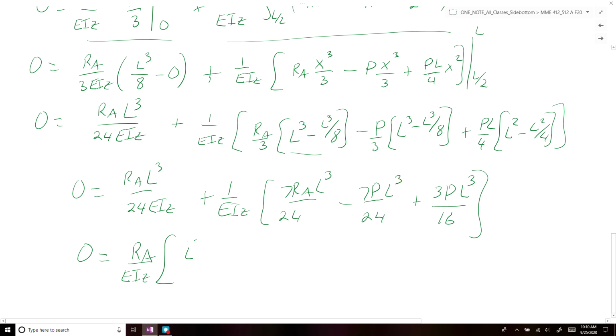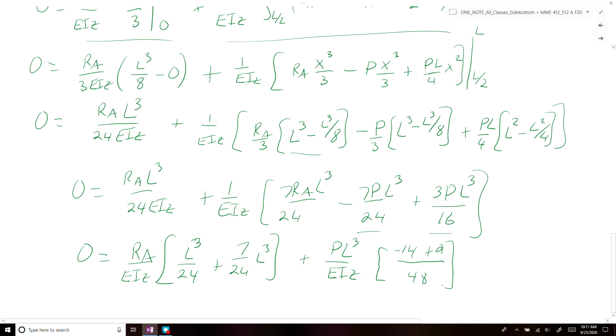Alright, so we get the length cubed over 24 plus 7 over 24 length cubed for RA, and then for P, we have to find the common denominator, which is 48, so we'll get plus P length cubed over EI times minus 14 plus 9 over 48.